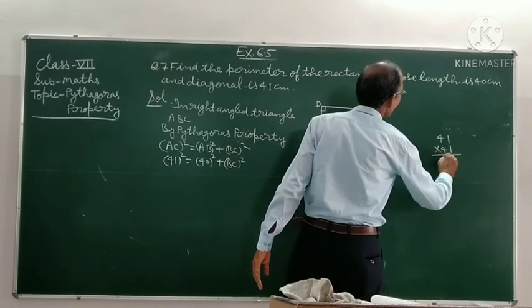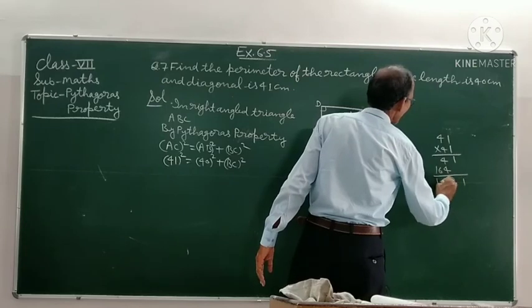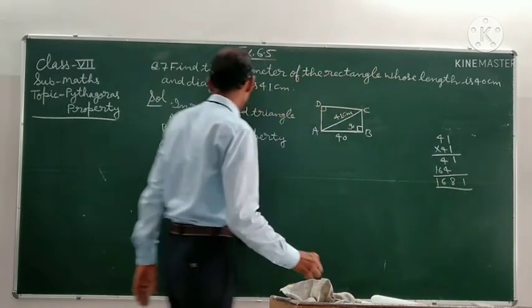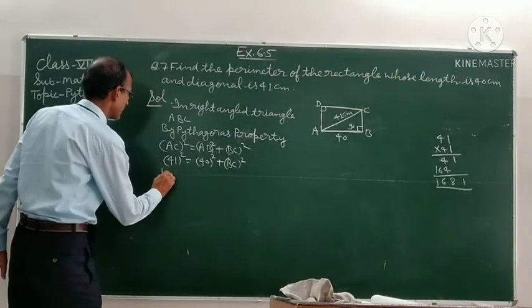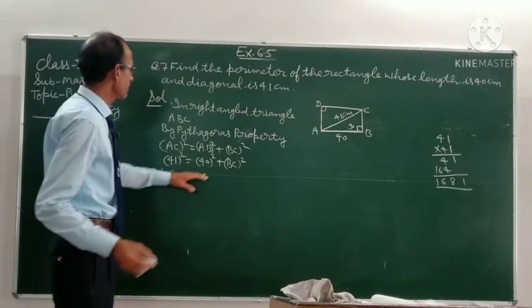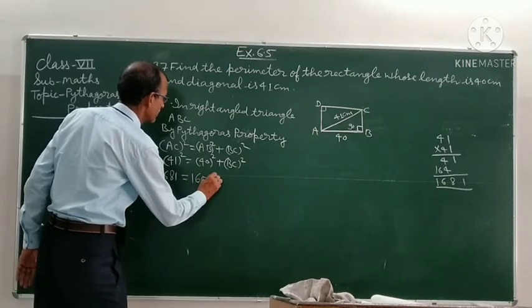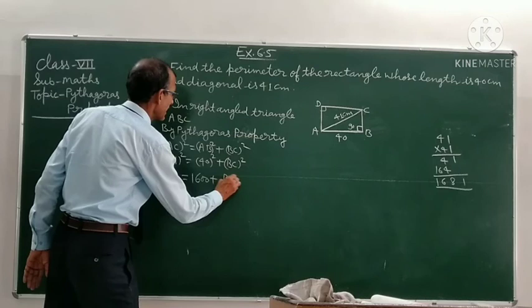Multiplying you will get 1681. 1681 is equal to square of 40, we will get 1600, plus square of BC.